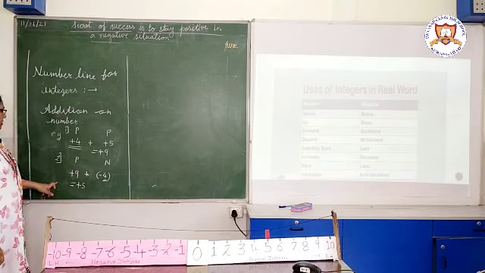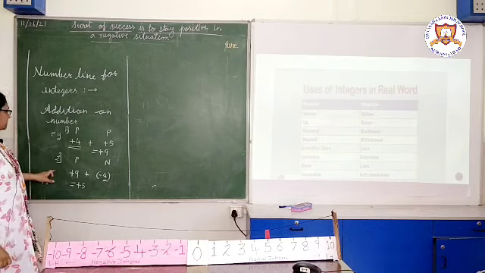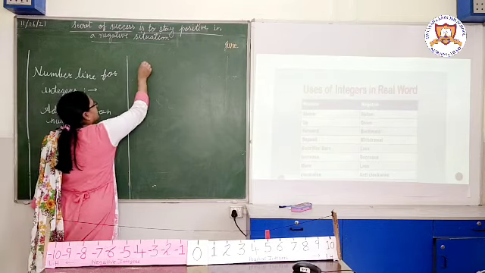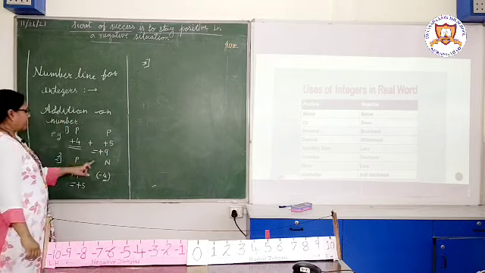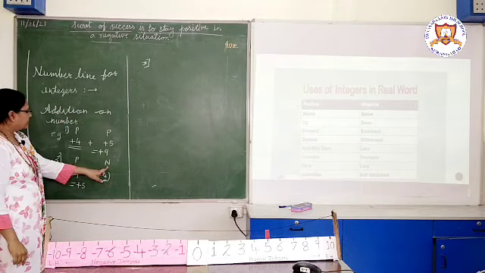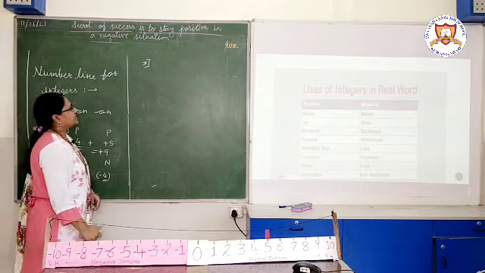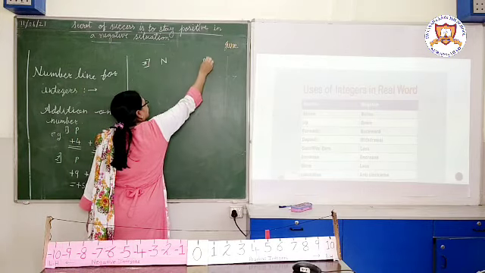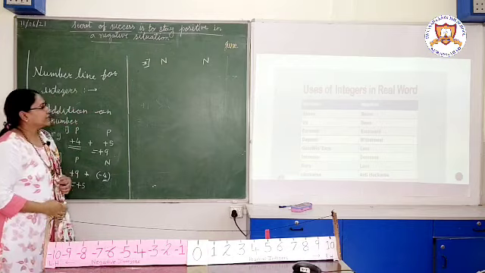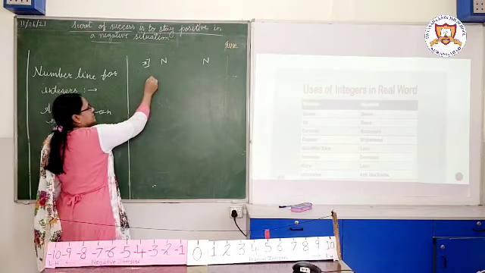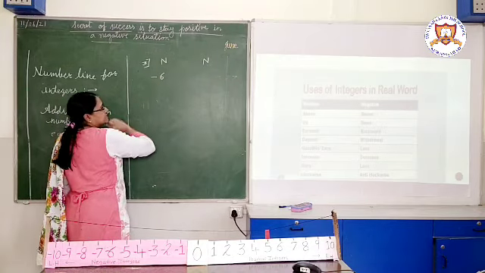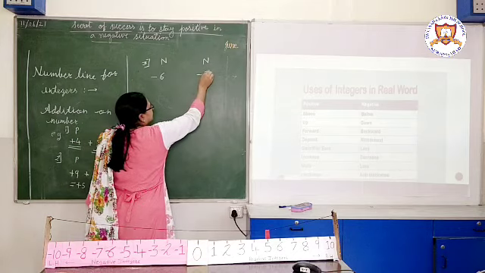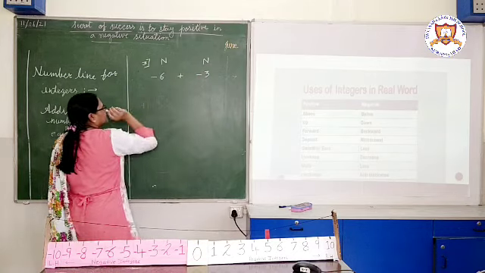Okay, take another condition. Here one was positive and one negative. Now I will take negative numbers, both negative integers. So negative 6 and negative 3, with the addition sign in between.